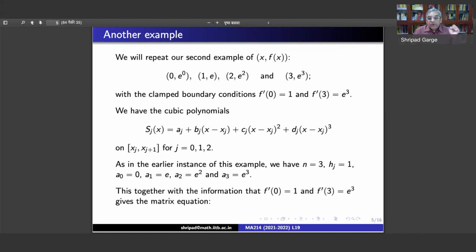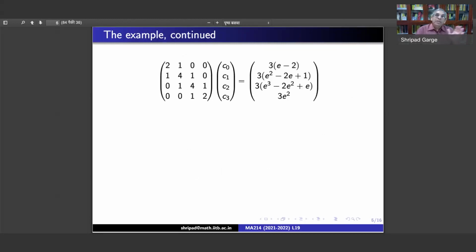And together with the information that the derivative at 0 is 1 and the derivative at 3 is e cube, this will lead to the matrix equation which is written here. If you remember the matrix equation for the natural splines, you would perhaps remember that the second entry in the first row was 0. Similarly, the second last entry in the last row was 0.